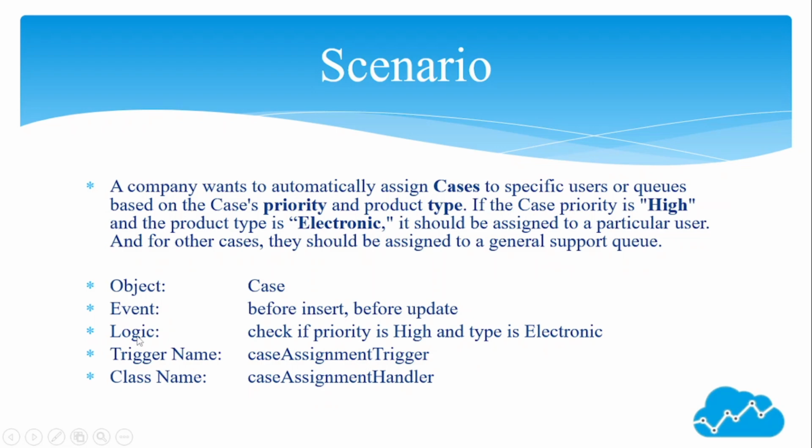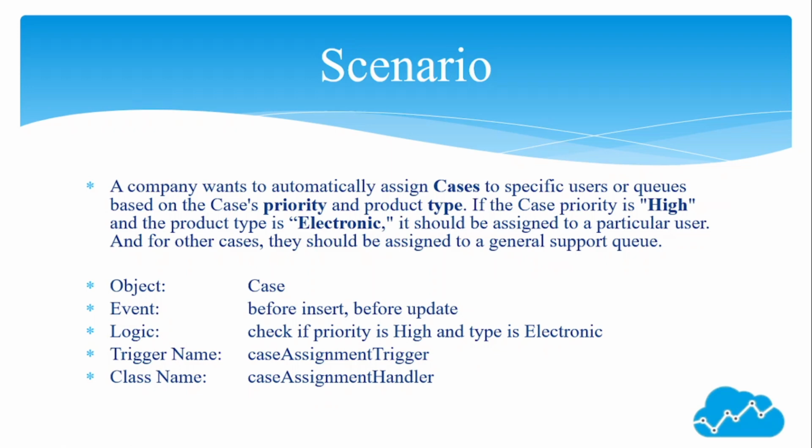Then what will be the logic we have to implement? Check if the priority is high. If the priority is high and the type is electronic, we have to assign this case to a particular user. Here we are considering our primary user account in the Salesforce org.